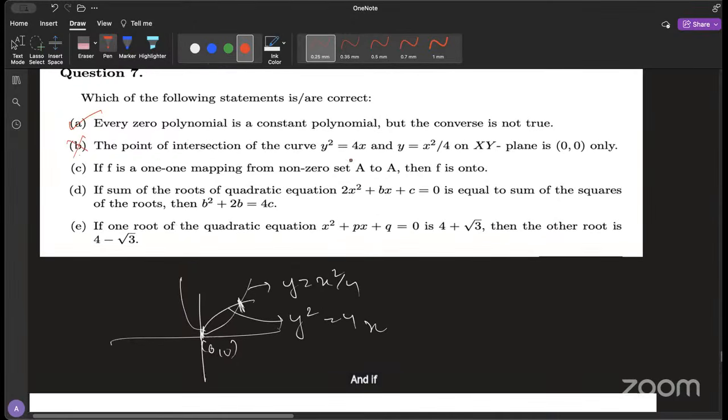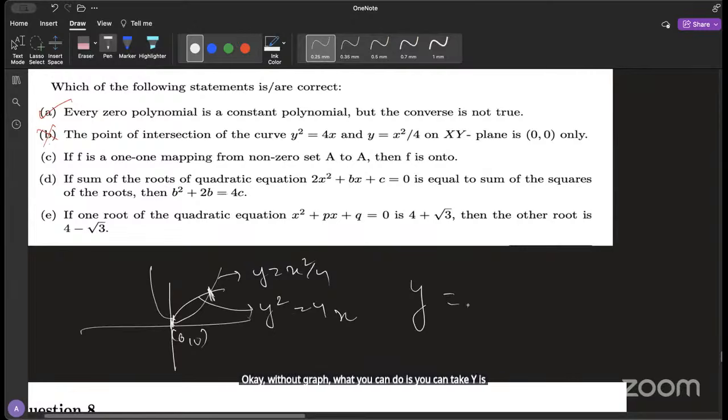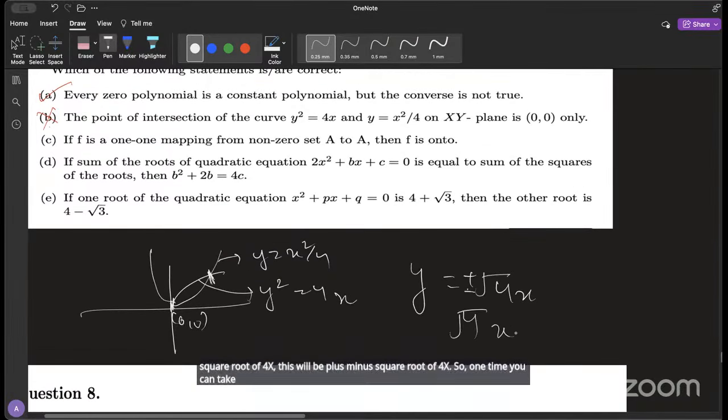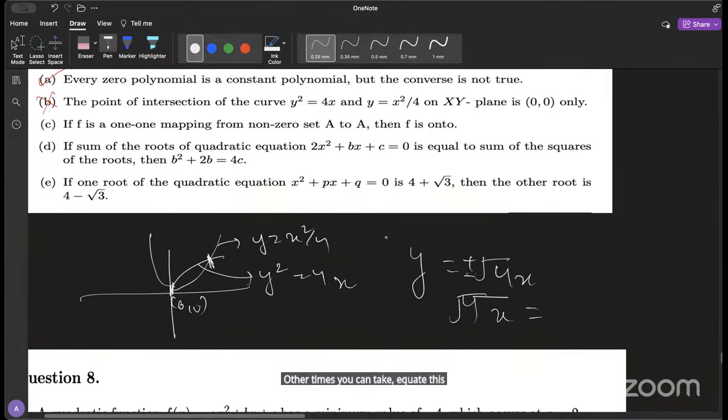And if you want to check without a graph, without a graph what you can do is take y equal to the square root of 4x. This will be plus minus square root of 4x. So one time you can take square root of 4x, other time you can take minus, and equate this to x square by 4.